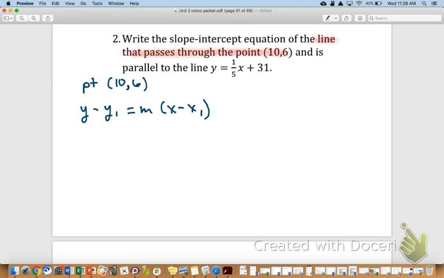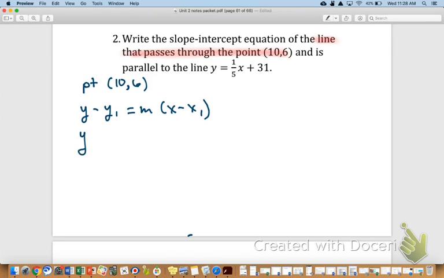We're doing point-slope form like we just did 5 minutes ago. It's y minus a y-coordinate equals slope times x minus an x-coordinate. Okay? And don't I have my point? So check this out. I could now be almost all the way done with this.